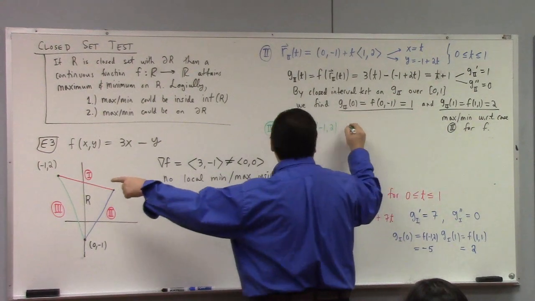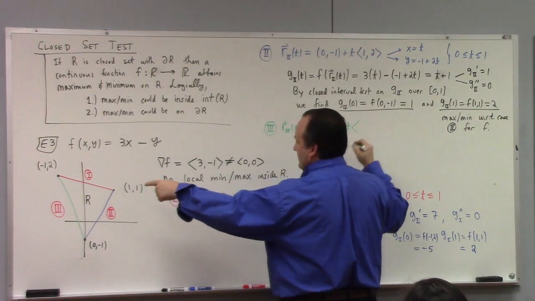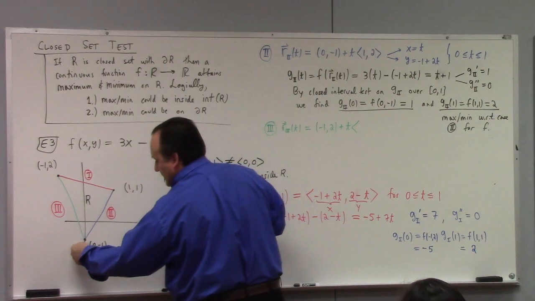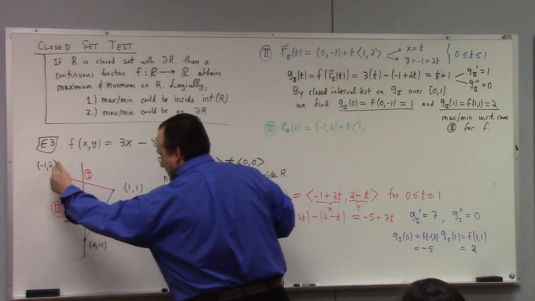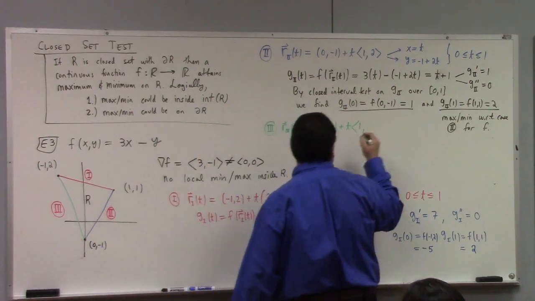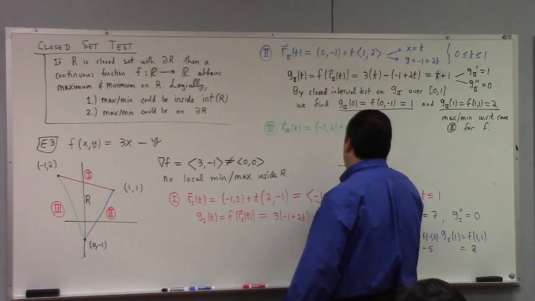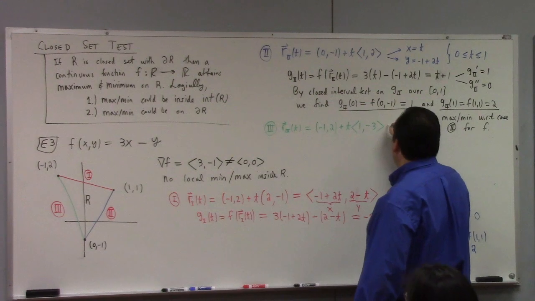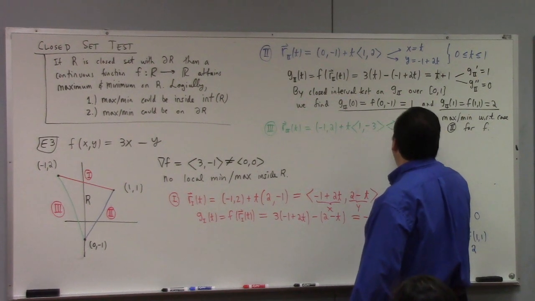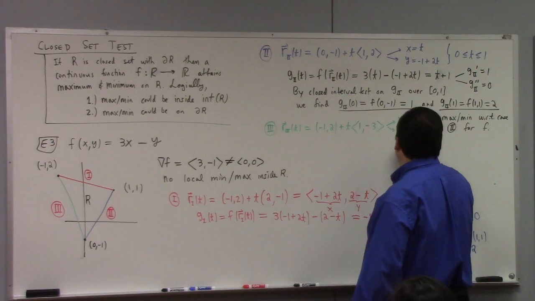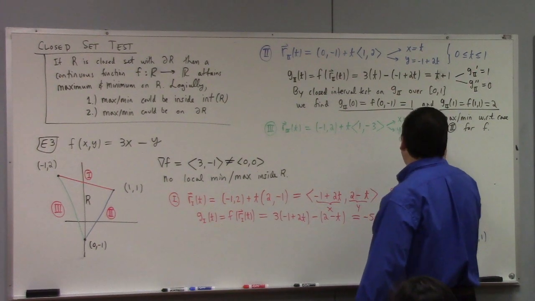So minus 1, 2 plus t times, so we go over 1, and we go down 3, I think. So minus 3. Now we can check that. So this tells me x is equal to minus 1 plus t. This tells me that y is equal to 2 minus 3t for 0 less than or equal to t less than or equal to 1.